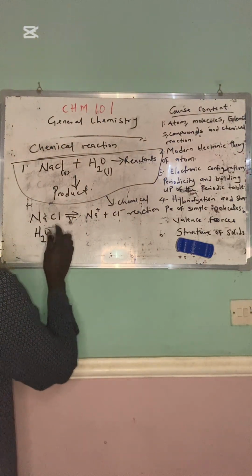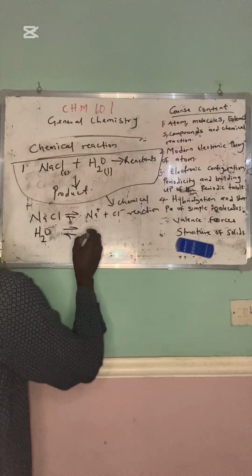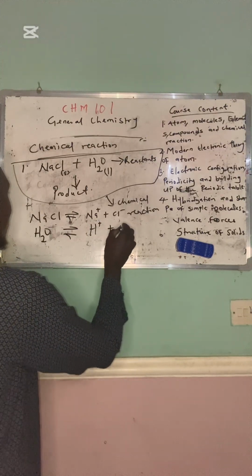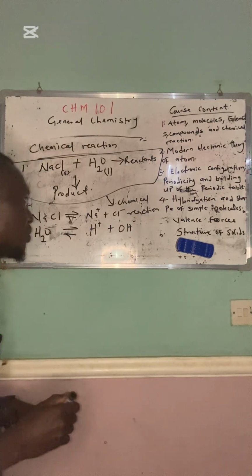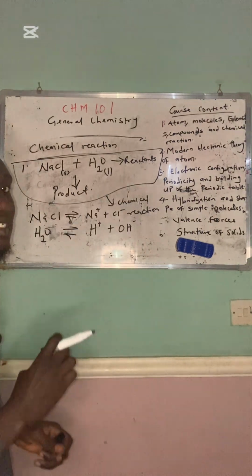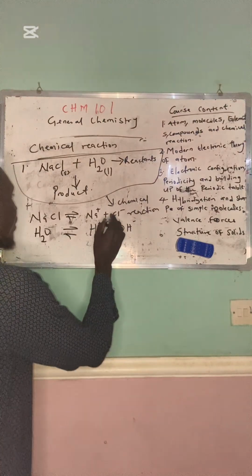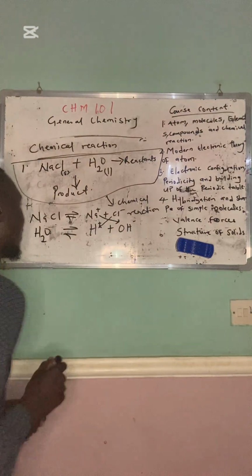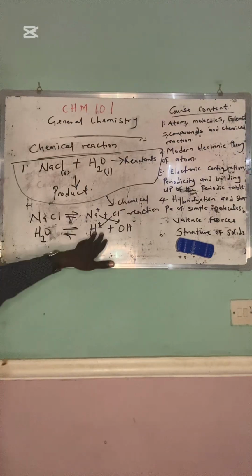If this water molecule ionizes, you have what? If it ionizes, you have H plus plus OH minus. So if you look at this, there's a breakage of bond first, before you can see the formation of bonds here.